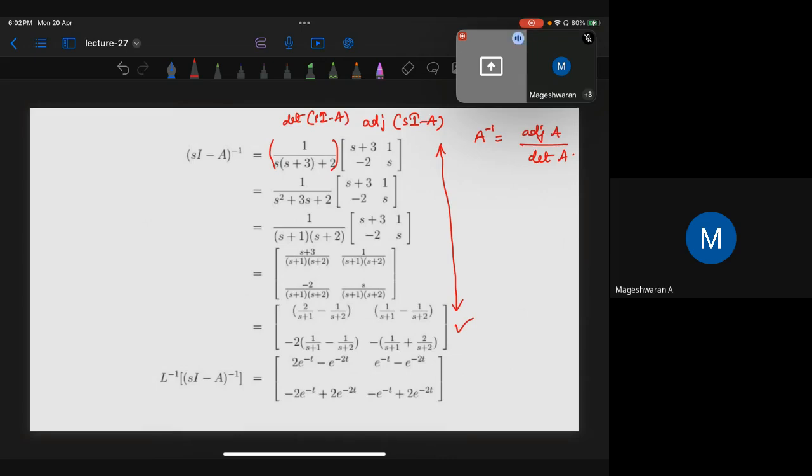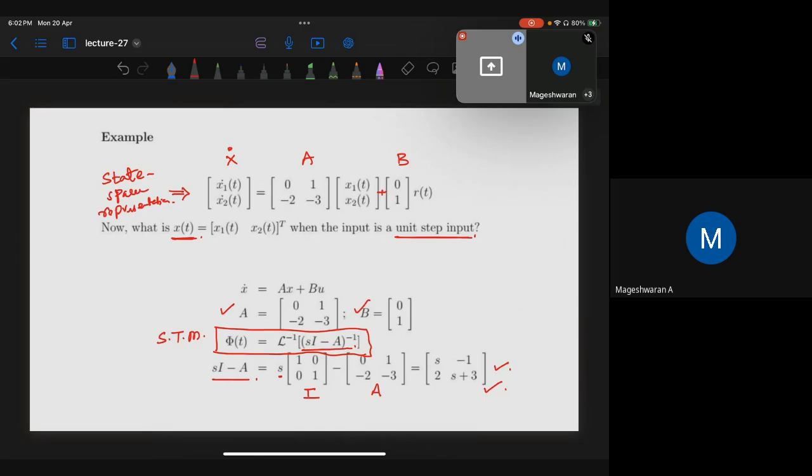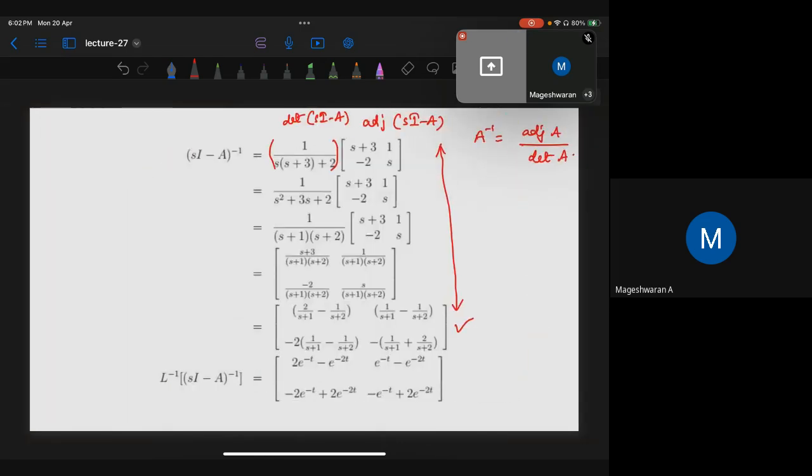Now what is the next step? Once we have the inverse, you should take the L inverse, the inverse Laplace, for each term. We have already seen the Laplace inverse in our first classes. So tell me, what is L inverse for this term? That is 2 e power minus t minus e power minus 2t.